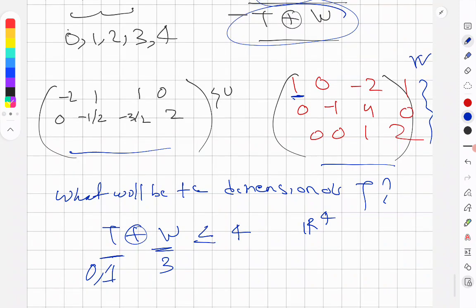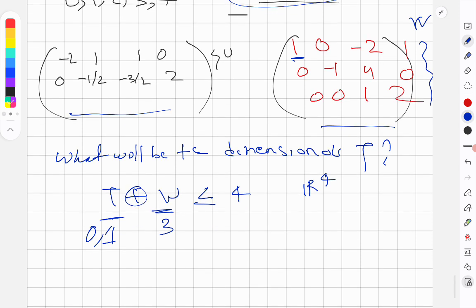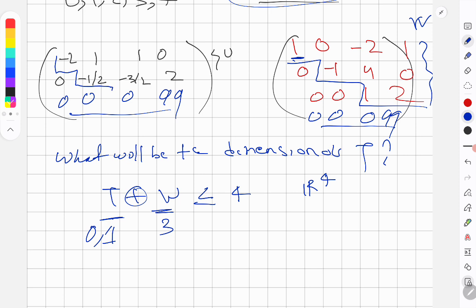And this one is already in the set. So I just need to identify one element. I can put one element like 99. Even if this doesn't make a set, it is linearly independent, right?